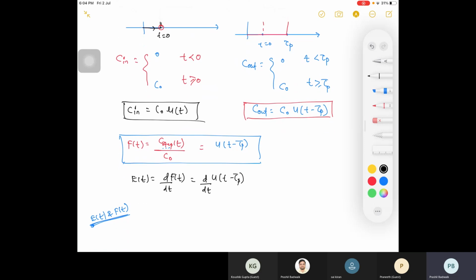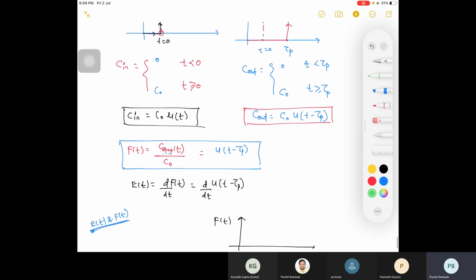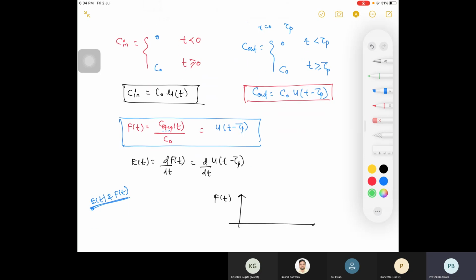And what will be your F curve then? F curve will be your F of t. It will be the same, right? That is just the accumulation of your E curve, a step by step cumulative value. So up to time t equals tau p, you will not have any value, but suddenly there will be this.